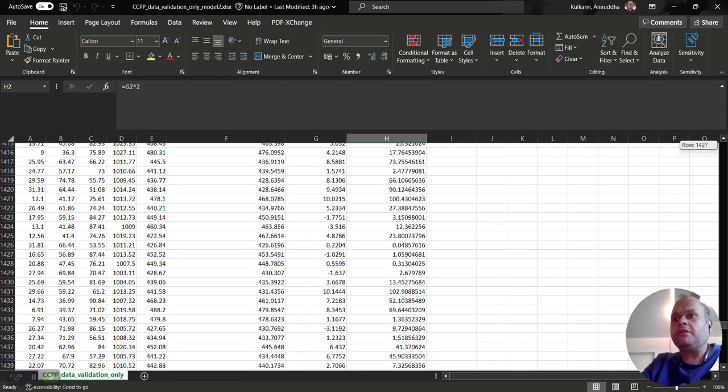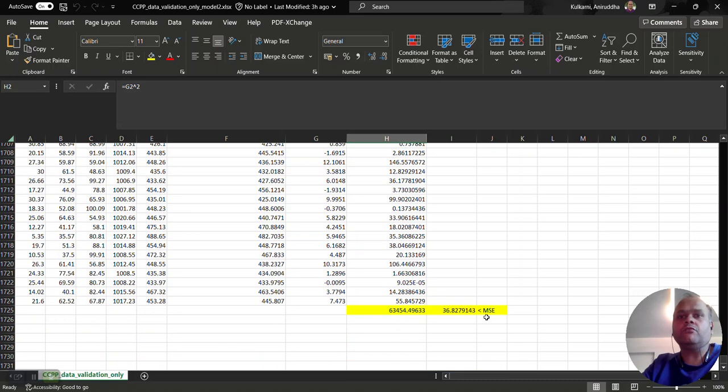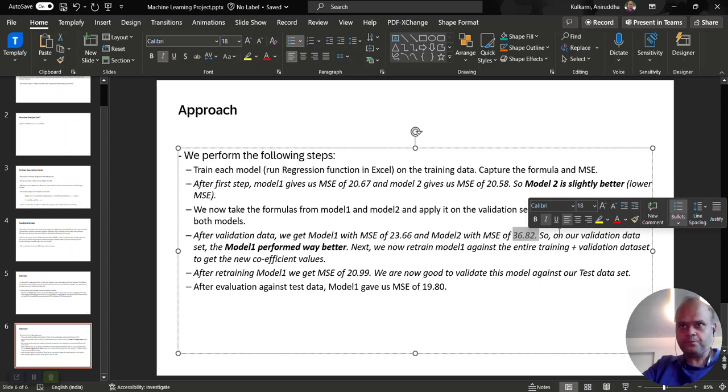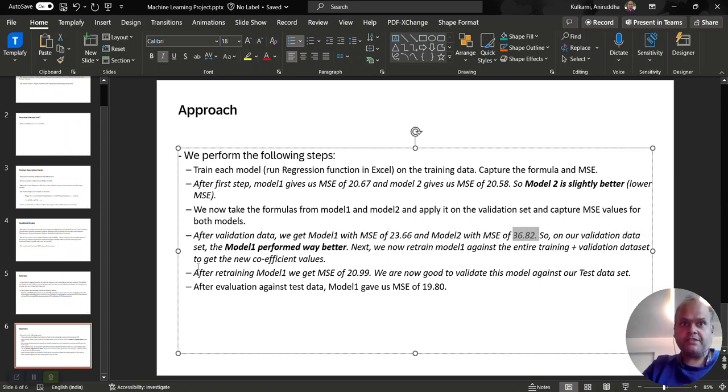And after obtaining all of these squared residual values, I sum it up, divided by the number of observations we have in this data set, 1723, which gives us the mean squared error for model 2 on the validation dataset, which is 36.82, which, as you will see, is a lot worse. So from 20.58, we have now gone to 36.82. So on our validation dataset, model 1 performed way better.